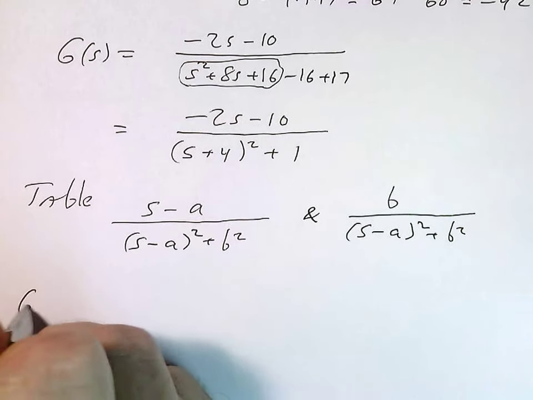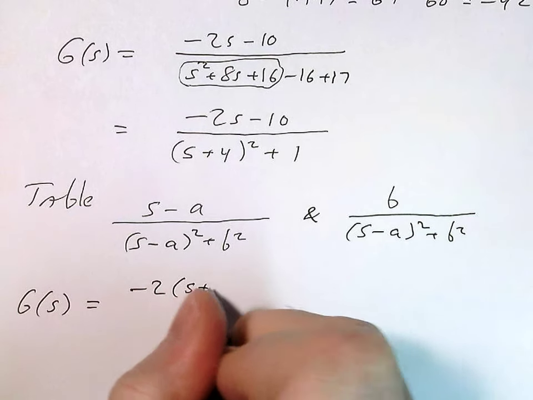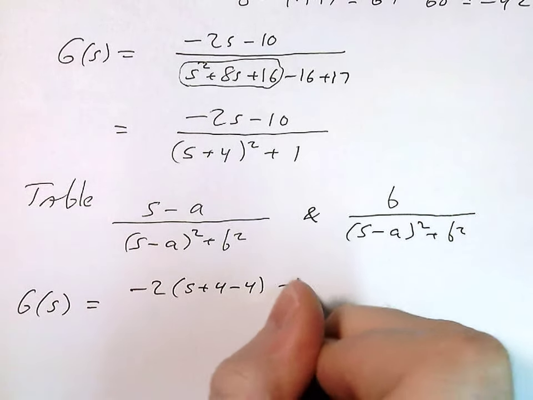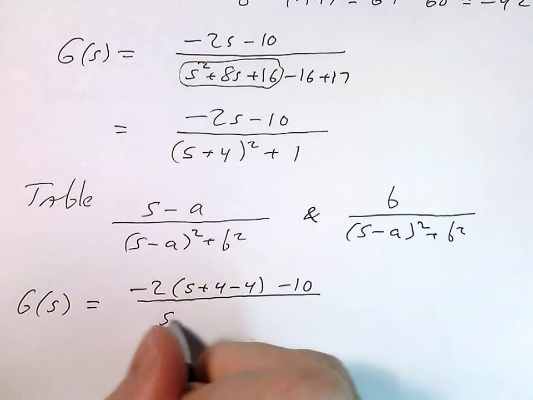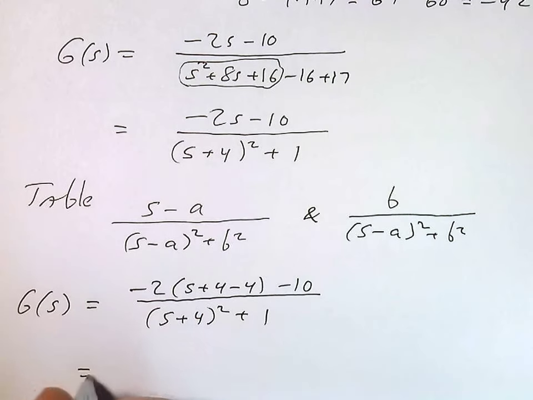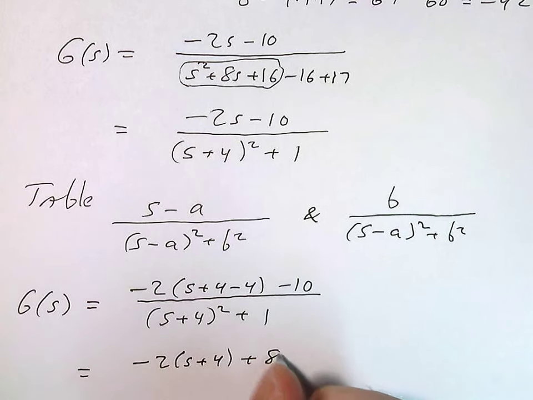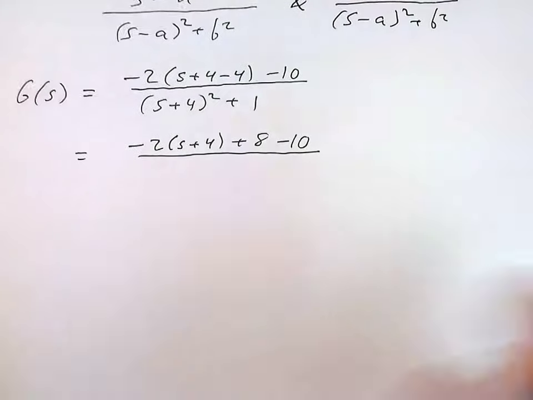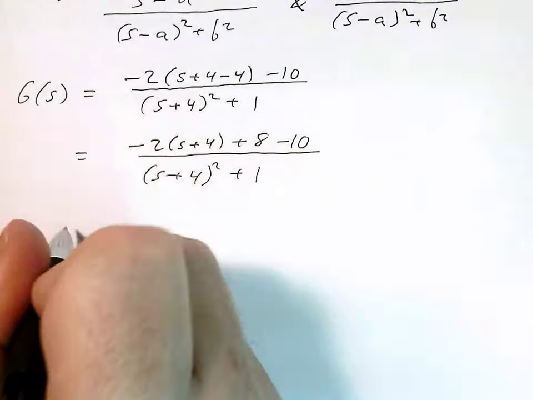So my G of s, I'm going to write as negative 2 times s plus 4, plus 8, minus 10, over s plus 4 squared plus 1.